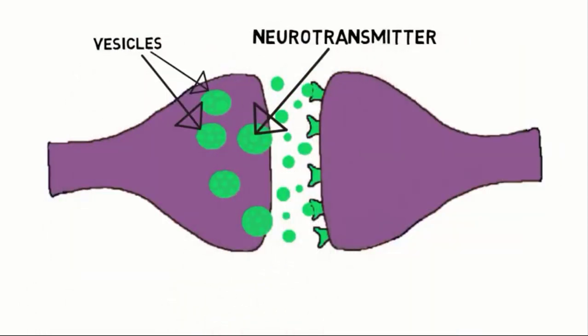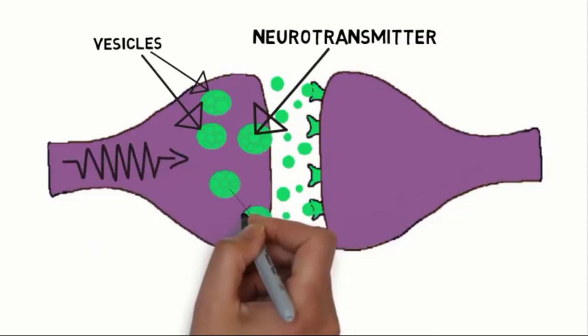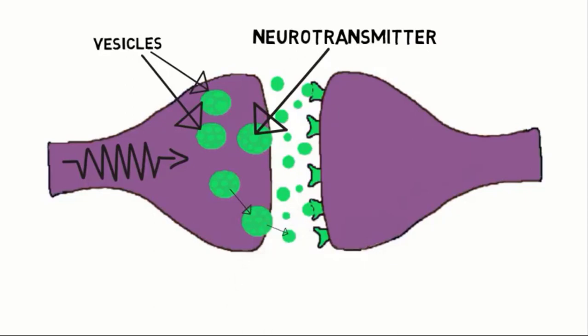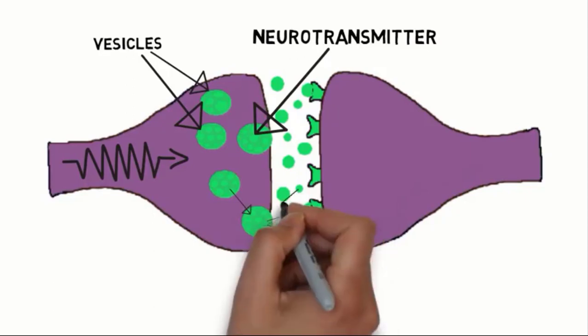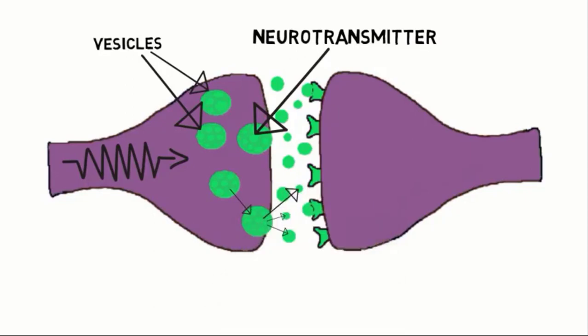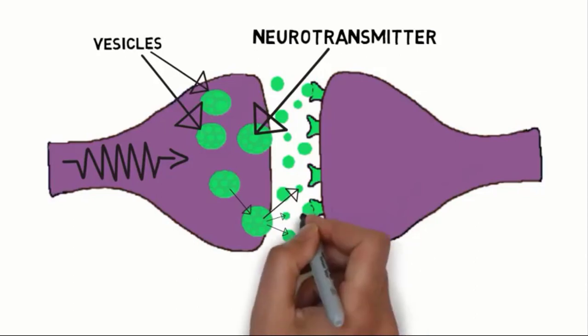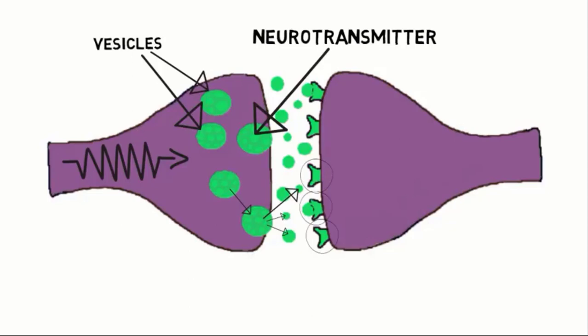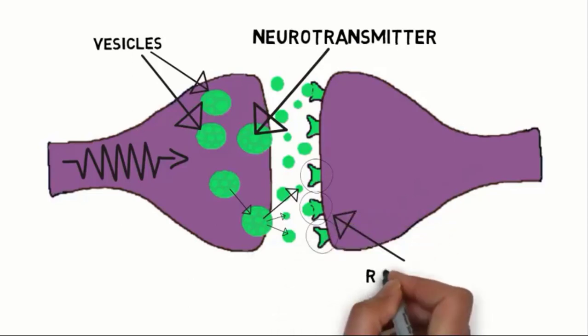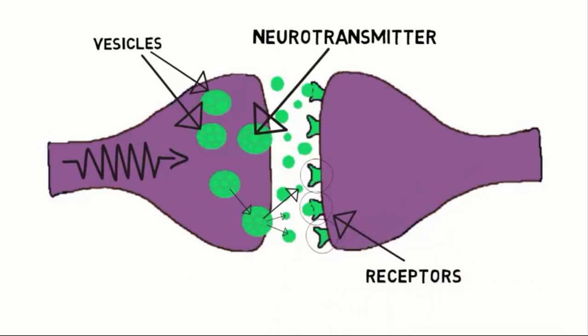When the presynaptic neuron is excited by an electrical signal called an action potential, this causes the vesicles to fuse with the presynaptic membrane and release their contents into the synaptic cleft. Once they are in the synaptic cleft, neurotransmitters interact with receptors on the postsynaptic membrane. They bind to these receptors and can cause an action to occur in the postsynaptic cell as a result. This action may involve increasing the likelihood that the postsynaptic cell will become activated and fire an action potential, or decreasing it.